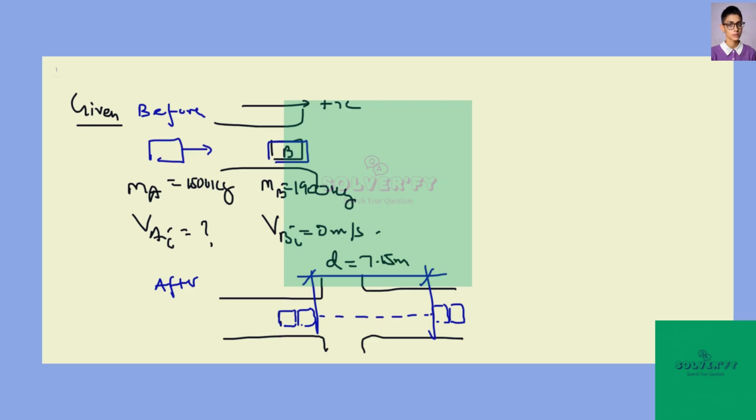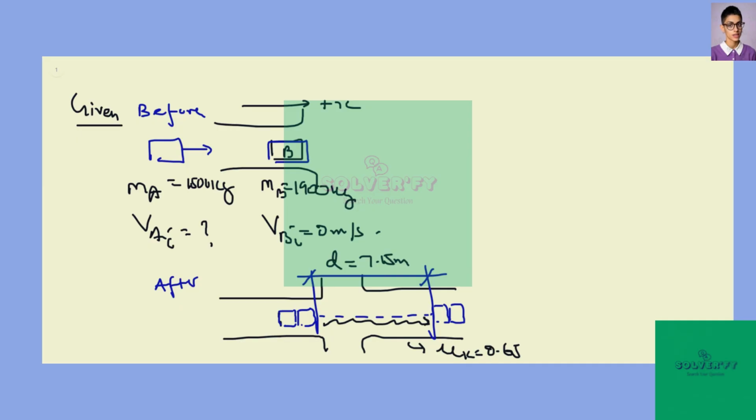That's the distance they're going to move. There's friction, and the coefficient of friction is given as 0.65.